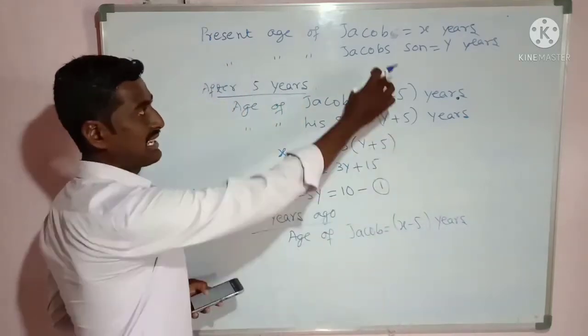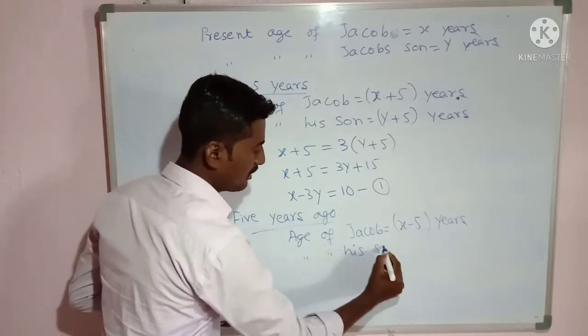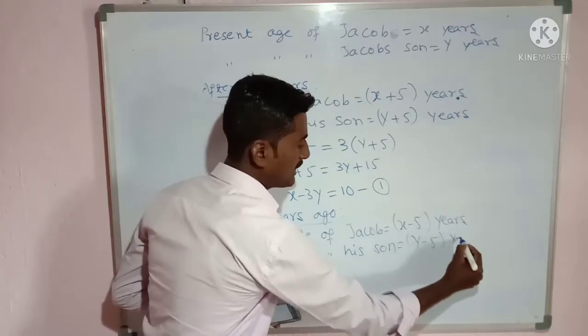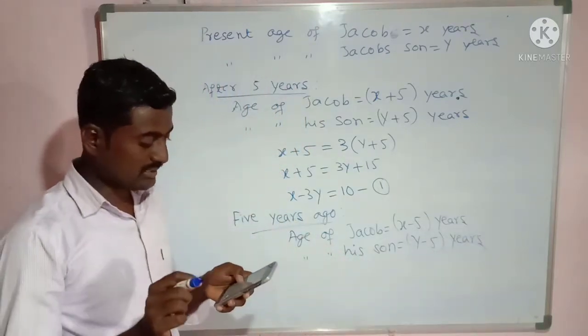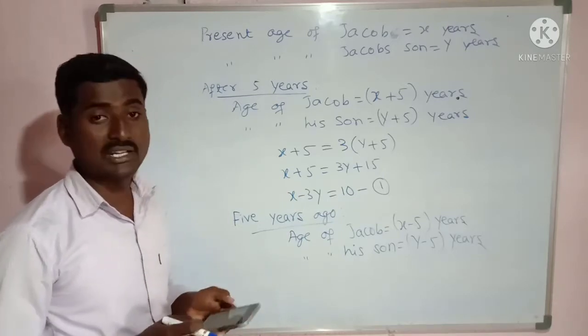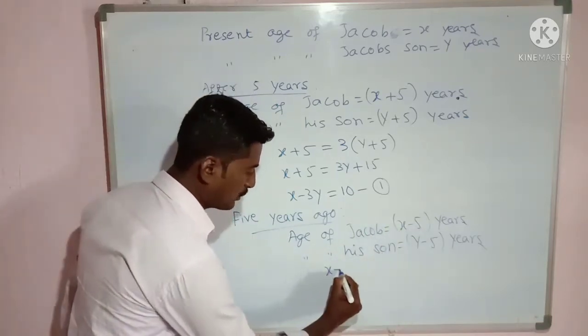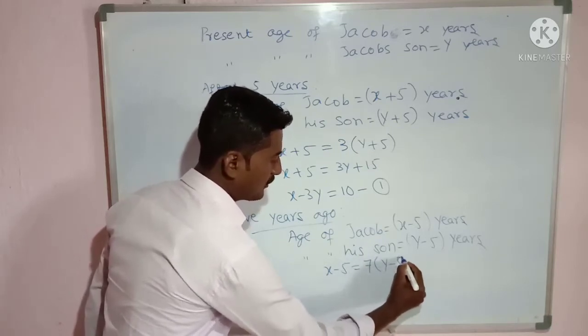And similarly, what is the age of his son? The age of Jacob's son is equal to y minus 5 years. Okay. Now the statement is 5 years ago Jacob's age was 7 times that of his son. So x minus 5 is equal to 7 into y minus 5.